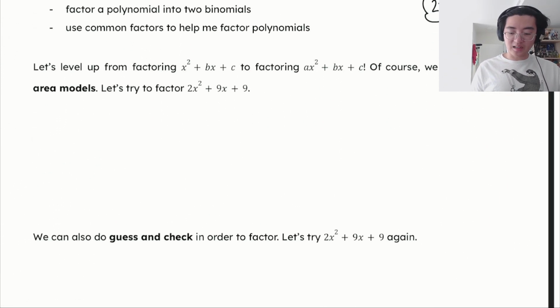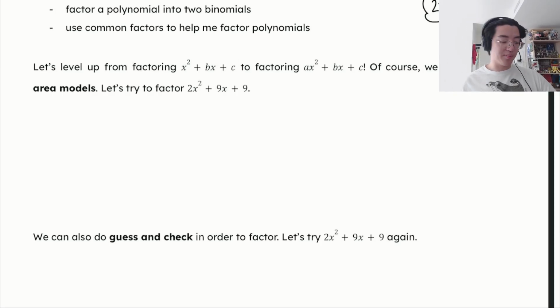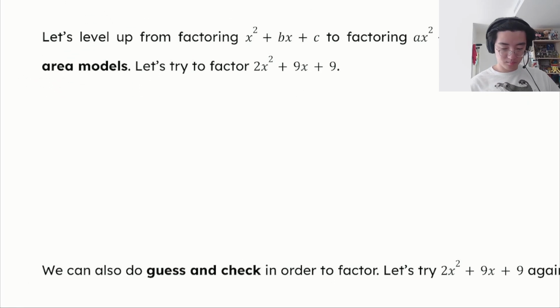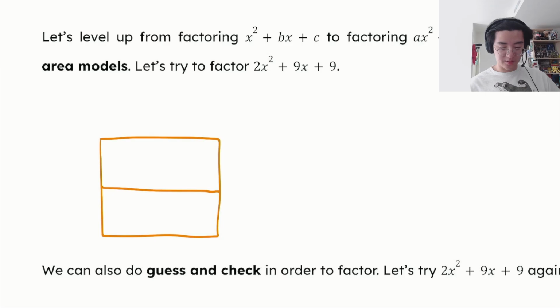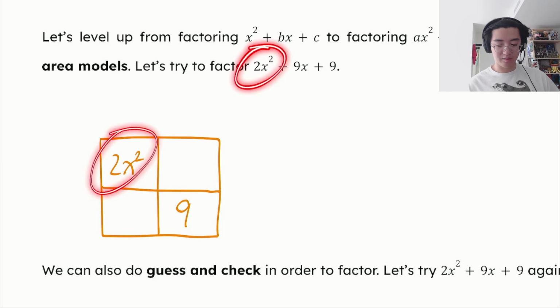So this is one reason why the area model is super useful, because this still applies to this format as well. So once again, we set up our little area model matrix here. Once again, we know for sure that on both ends of those matrices, we have 2x squared here and then 9 here.